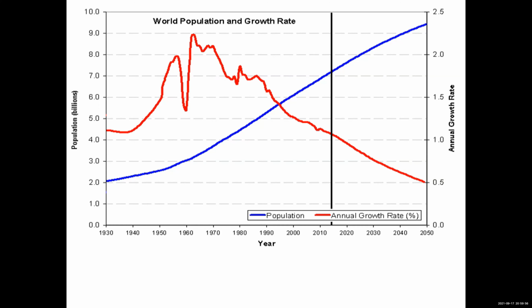And globally, this has started to happen. There are many countries that have actually a negative population growth rate now. And what's happening is that we have now populations that are dealing more with diseases of old age than with those childhood diseases. All right.